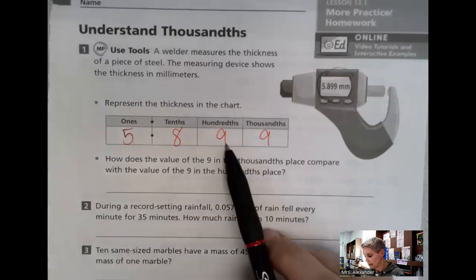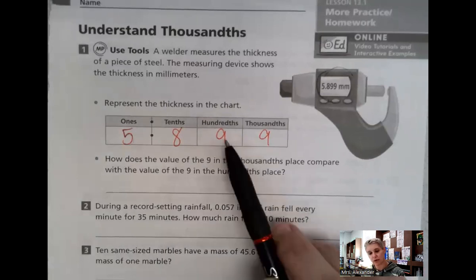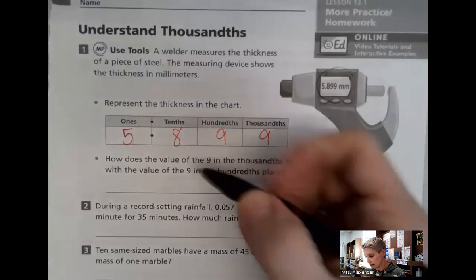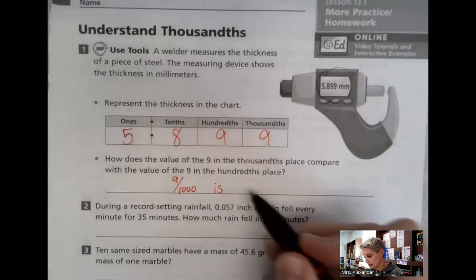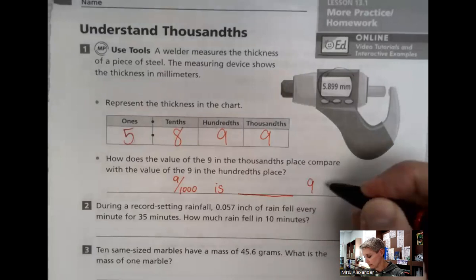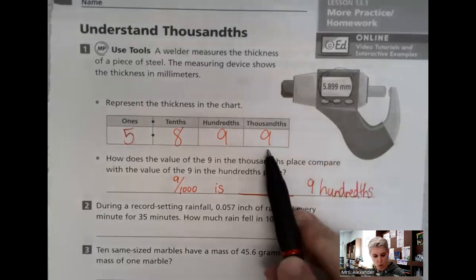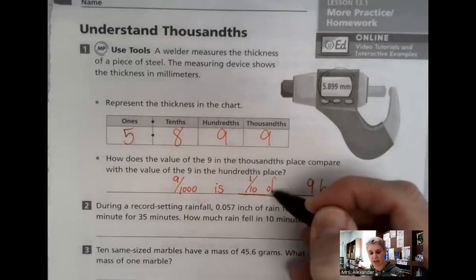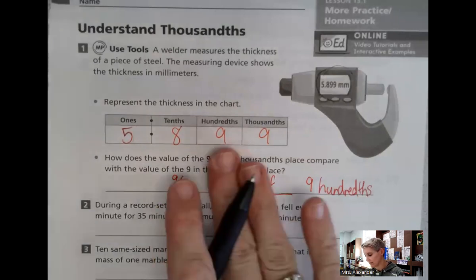If we move from one place to the other, how does the 9 in the thousandths place compare to the hundredths place? The 9 thousandths is what? It moved one place, so it is 1/10 of the 9 hundredths. We talked about that in class.